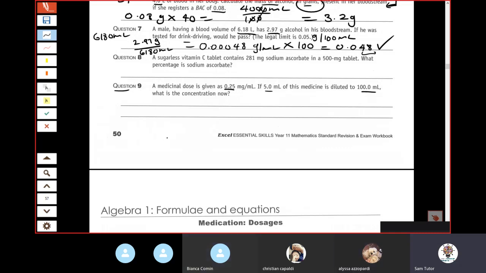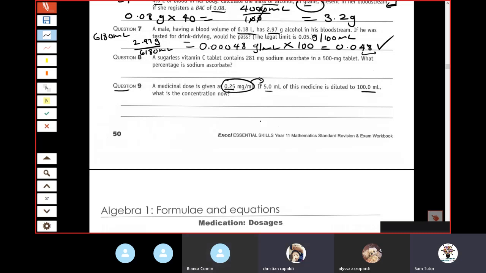Any ideas? Not sure. Anybody? All right. So again, we understand that the dose that's been given, you're meant to have 0.25 milligrams for every mil. If it was 5 mils, this would be the dosage.